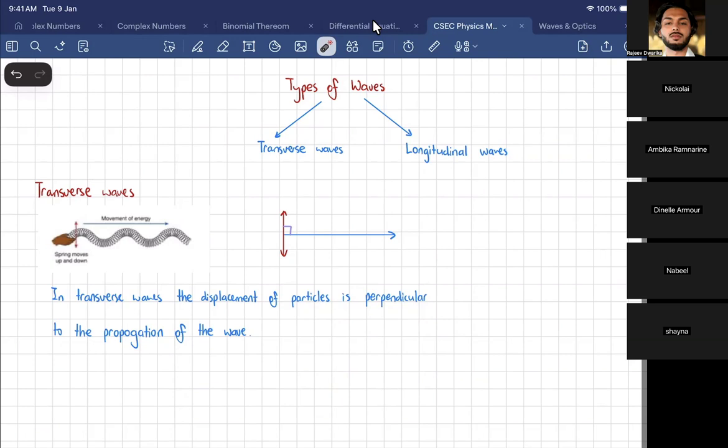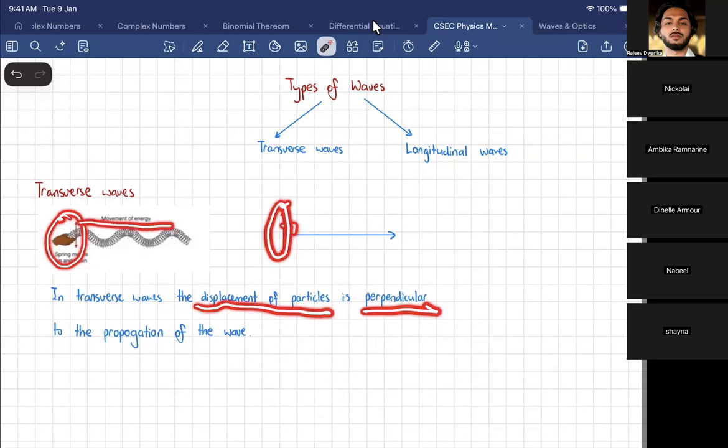Okay, check this out. I just told you that displacement of particles would be this part. And now they're talking about perpendicular, so over here, and we talked about this already. So the only thing left to cover is the movement or the energy, because we didn't cover this yet.